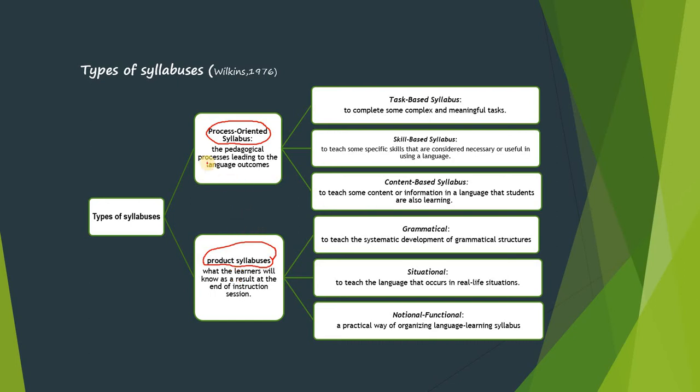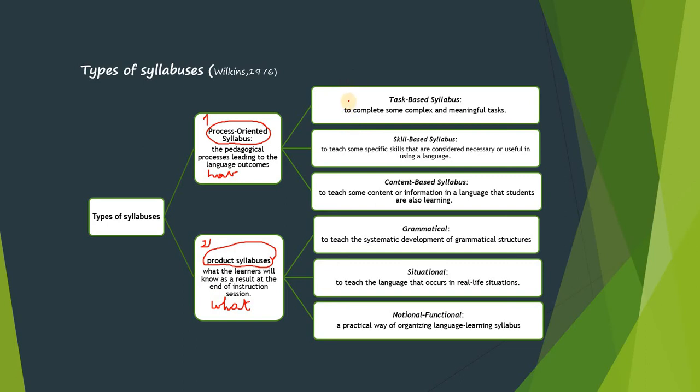So here we focus on the how, and here we focus on the what. Okay, and of course we have this number 1 and this number 2, two major types of syllabuses.